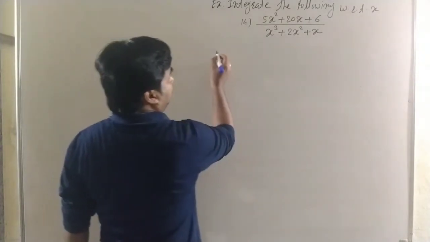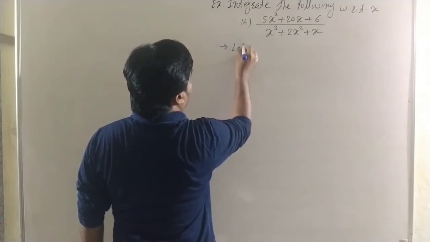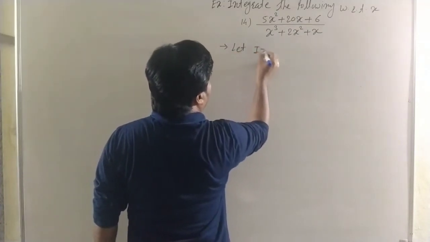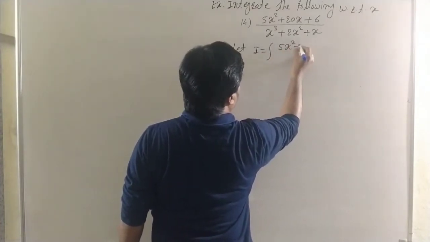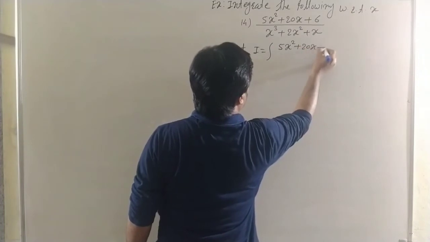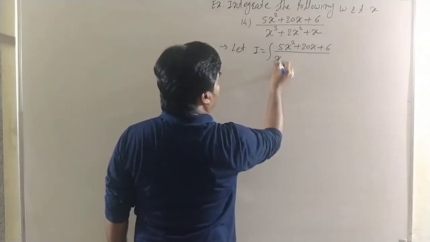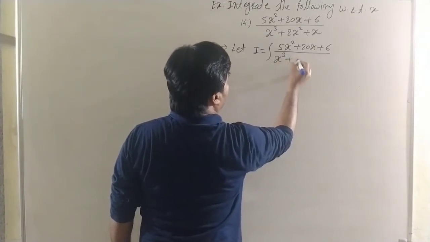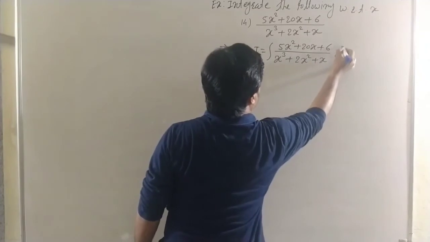Okay, now let the integral be equal to the integral of (5x² + 20x + 6) upon (x³ + 2x² + x) dx.